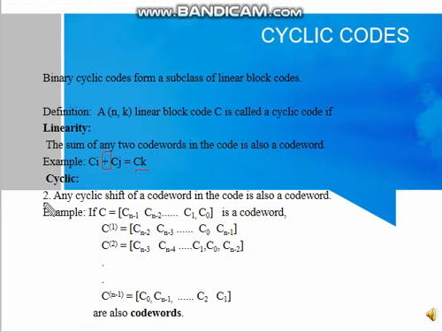The second property is the cyclic shift. The cyclic shift here means, say, there is a code word C with n number of bits in it. Cn-1, Cn-2, up to C1, C0 is a code word. Then for the cyclic shift, we either shift the bits by one position towards left, or we can go for a cyclic shift towards right by one bit.